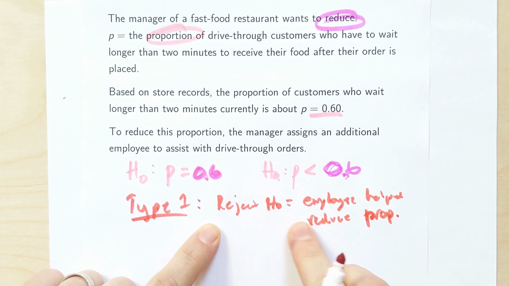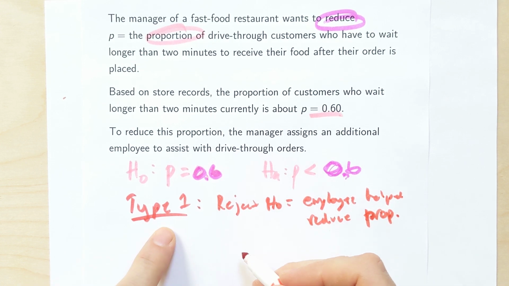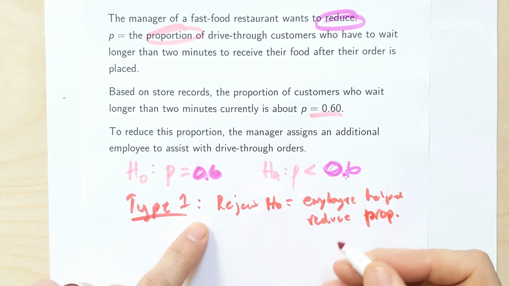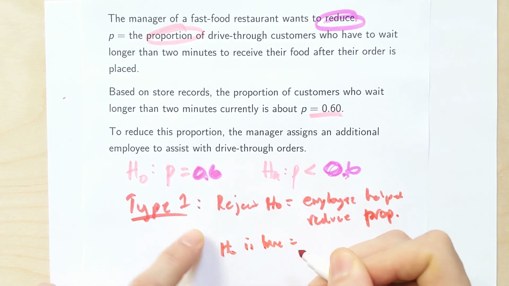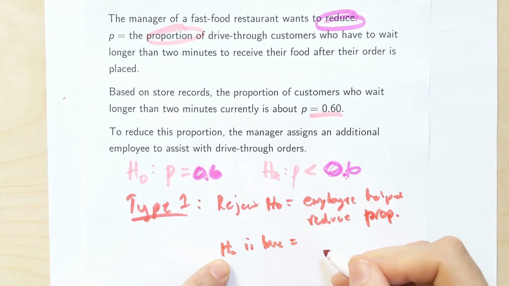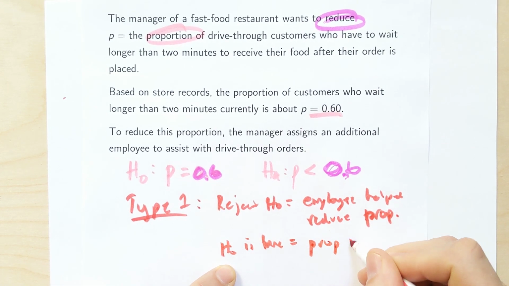And so that would be my conclusion. I'm rejecting the null hypothesis. But if the null hypothesis is in fact true, to say that H0 is true is to say that the proportion remained the same.